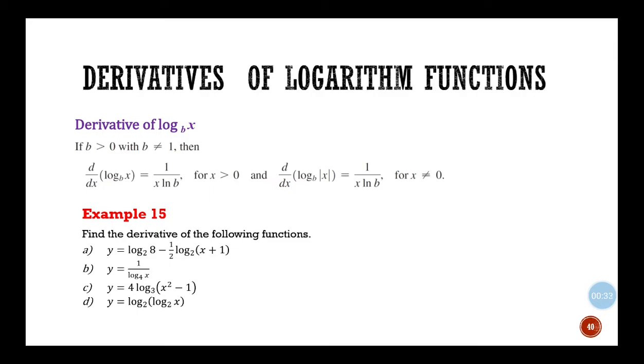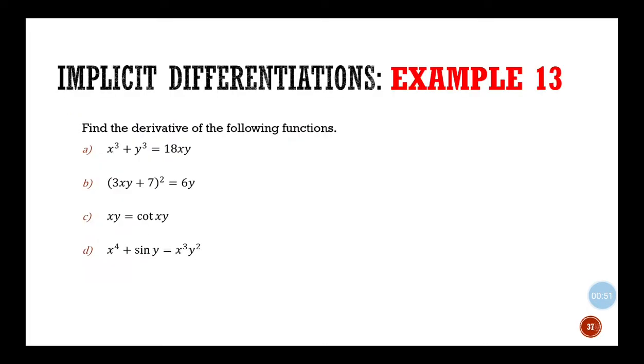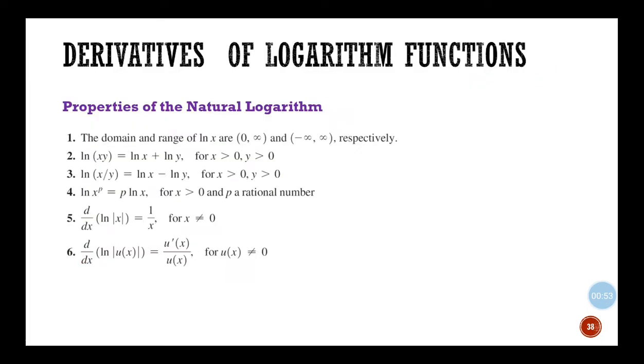For today, we are going to continue discussing derivative of logarithmic function. From our last class, we discussed the natural log, ln. The derivative of ln x is d/dx of ln x equals 1 over x.